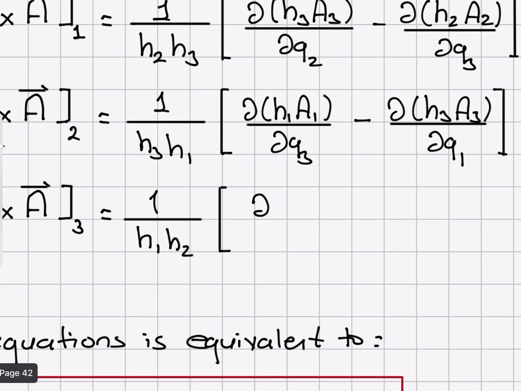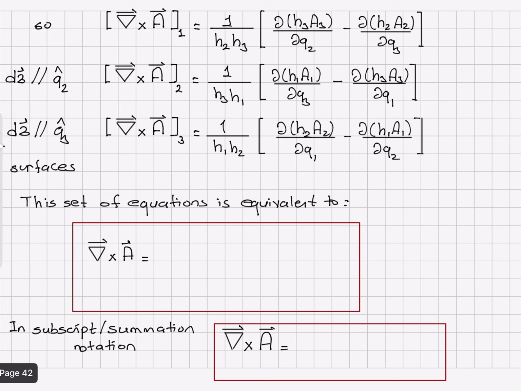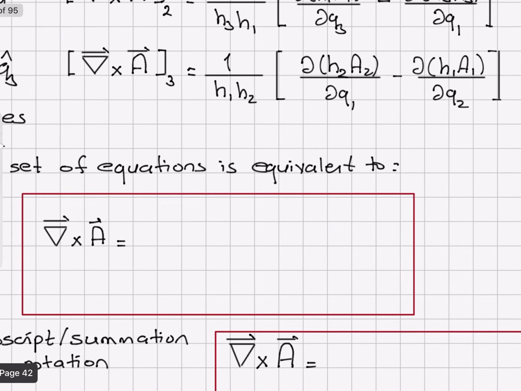This would be partial derivative of H2, A2 with respect to Q1 minus the partial derivative H1, A1 with respect to Q2. So this gives me the components of the curl. First component, second component, third component, where I have the d sigma vectors parallel to Q2 hat and Q3 hat direction for these surfaces. And we can see that this set of equations is actually equivalent to the following determinant.